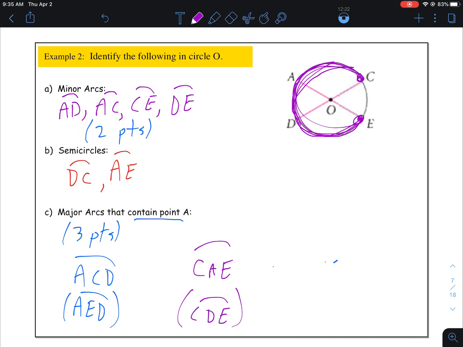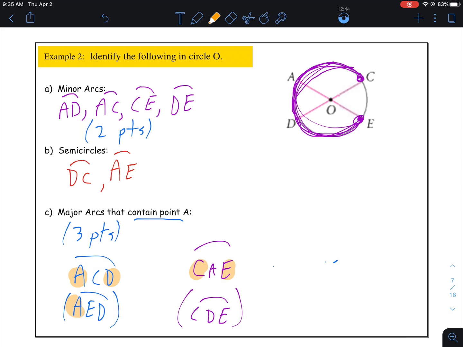So really, a major arc just has to go past 180, containing the point A, these all had A in them. And the only other thing you have to do is make sure you use 3 points, and make sure that the first and the last are the beginning and end.